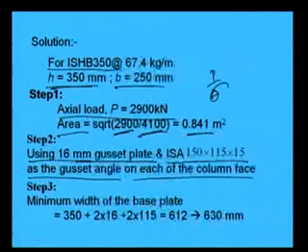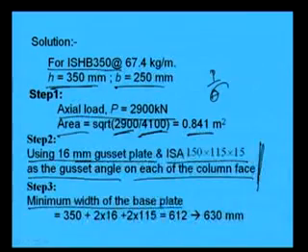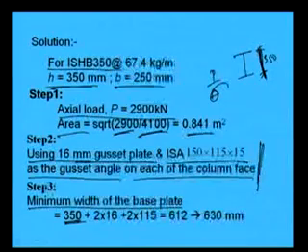So from this we can find out the minimum width of the base plate. Minimum width of the base plate will be the 350 which we got earlier, this H, plus 2 into 16 plus 2 into 115, this is the angle. So 612.